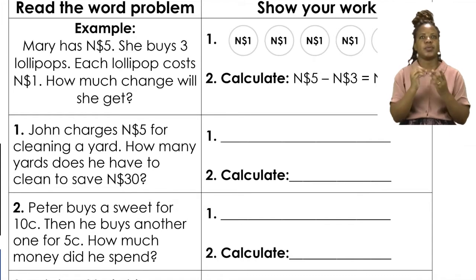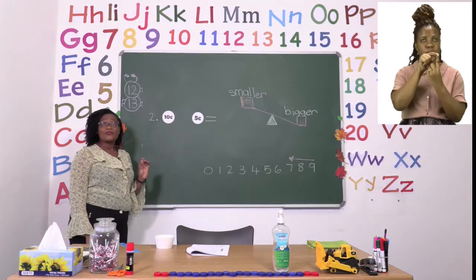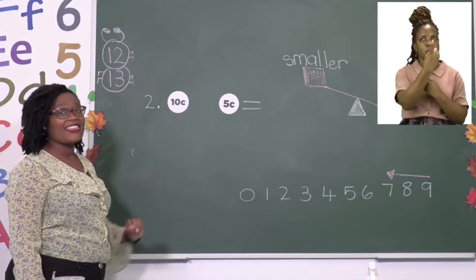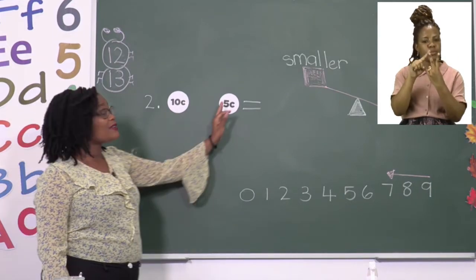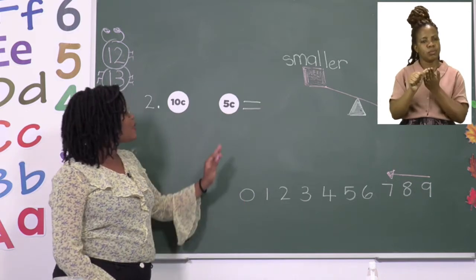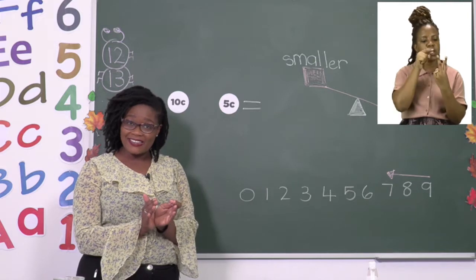Now we are going to try and make the sum. So let us first show our working. We know that the first sweet cost 10 cents. And then he buys another one for 5 cents. So in this case, we want to know how much did all the sweets cost all together.